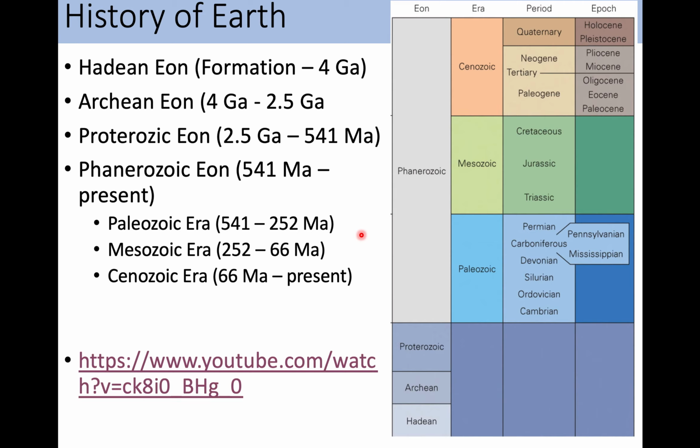This is the same slide that I showed at the very beginning of the PowerPoint, because these are the names that you should remember. Don't worry about remembering any further detail than this. Even the specific times you don't need to remember as much, but you should remember these names and the order with which they come.